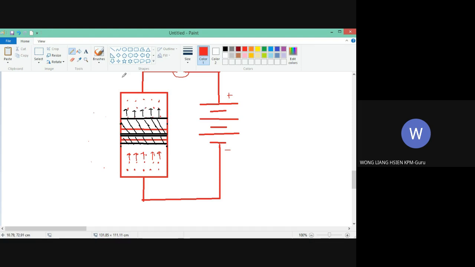See, we connect here another power source, a small power source, connected to the P type.